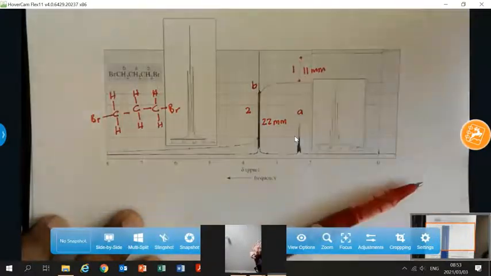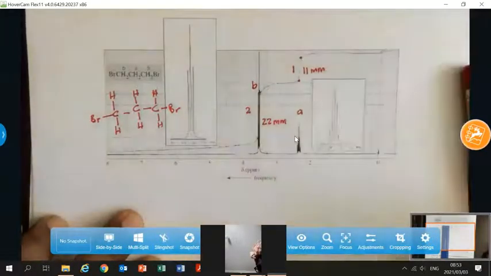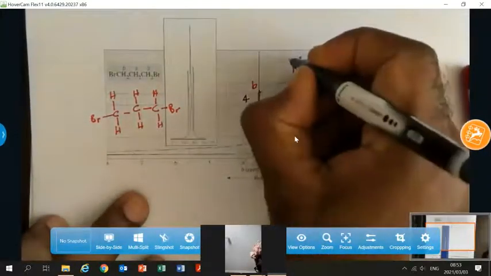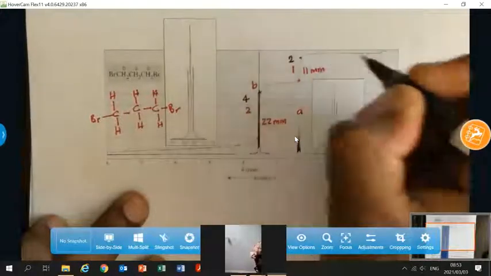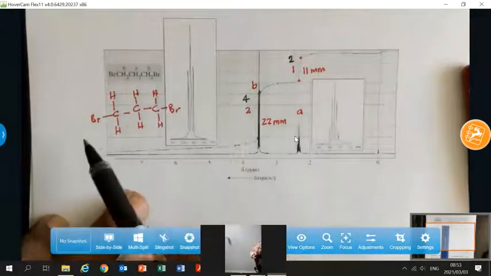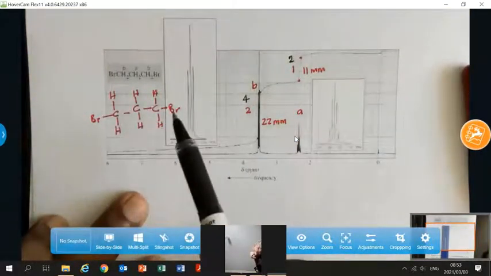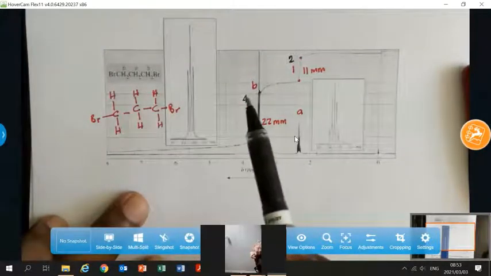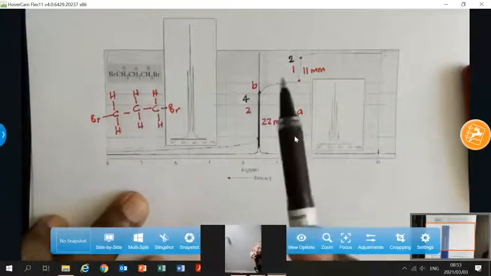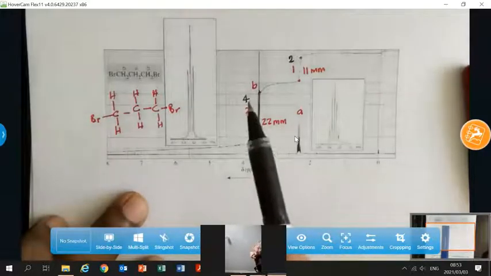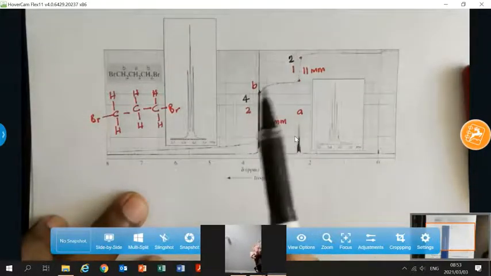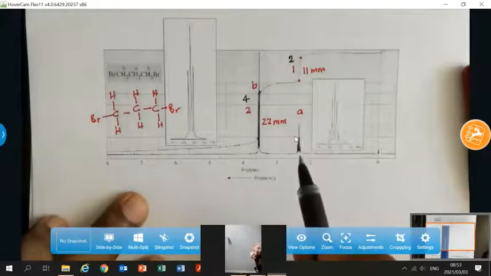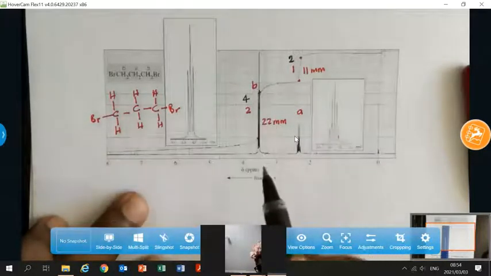Because if I look now, I can see that there's four protons here and there's two protons here in this particular molecule that I have, right? 1, 2, 3, 4. There's 4 here and 1, 2 there in the ratio of 2:1. So 4:2 equals 2:1. So my A protons lie here and my B protons lie here.